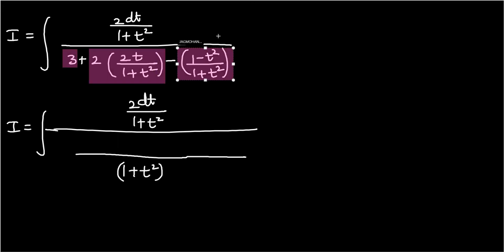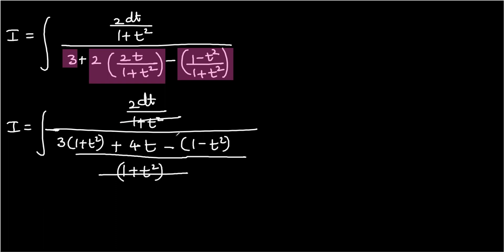Accordingly, since the LCM is 1 plus t square, I will get 3 times 1 plus t square, plus here I'll get 2 into 2t, that is 4t, minus 1 minus t square.